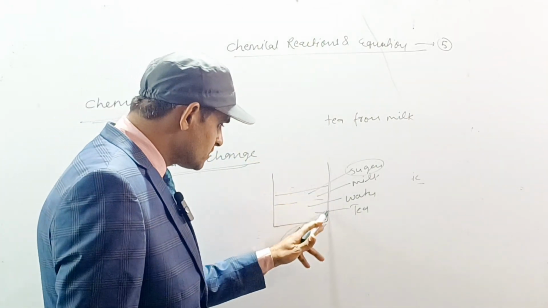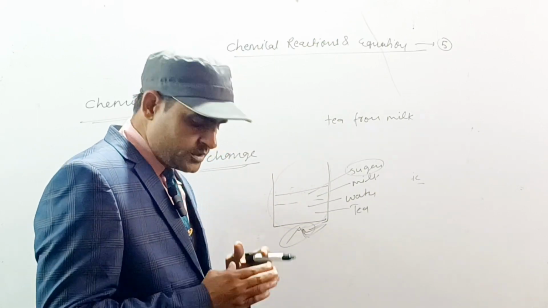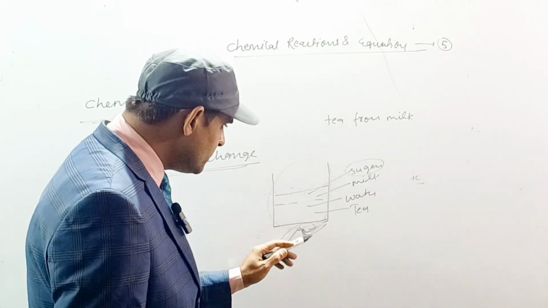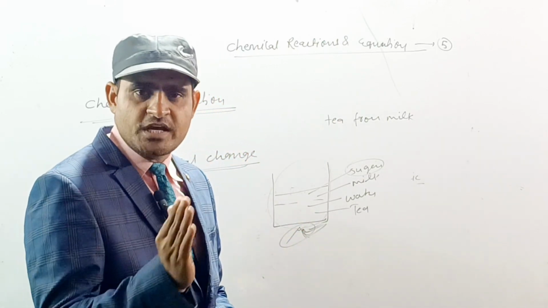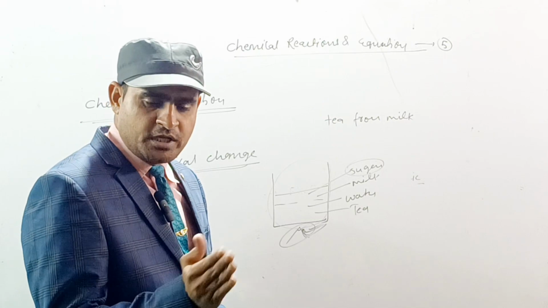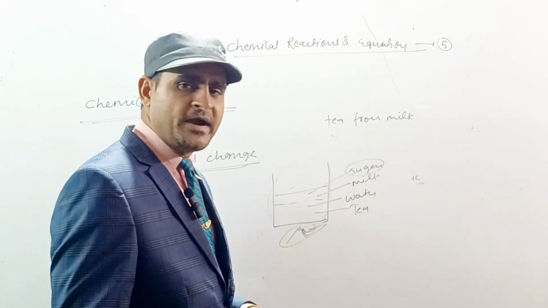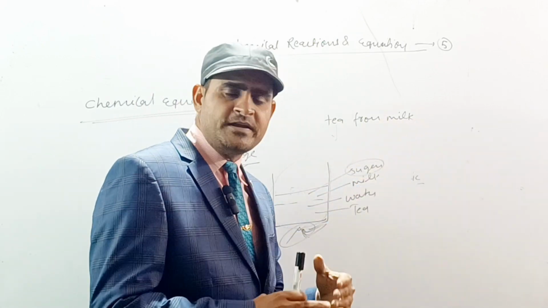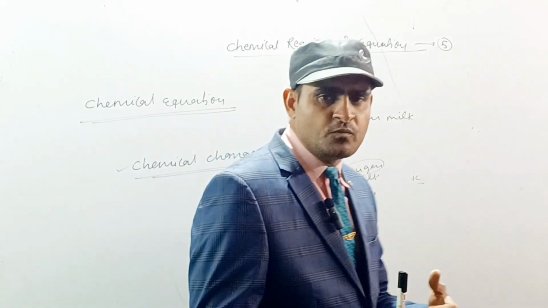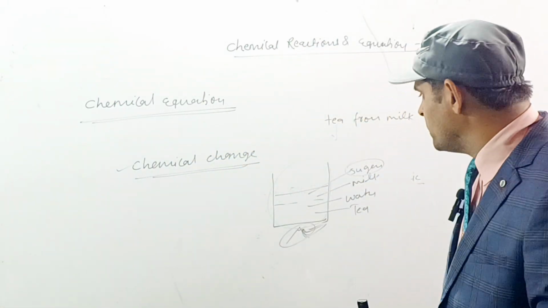The pot is heated and the milk changes into tea color. Milk is white and tea is brown. The milk is converted into tea.